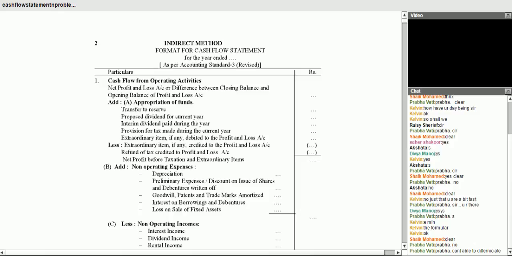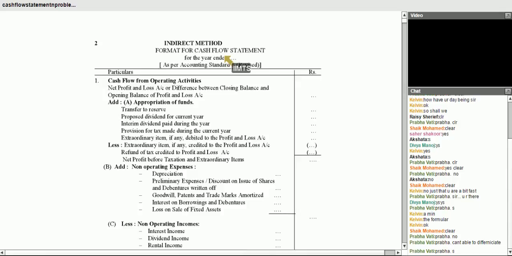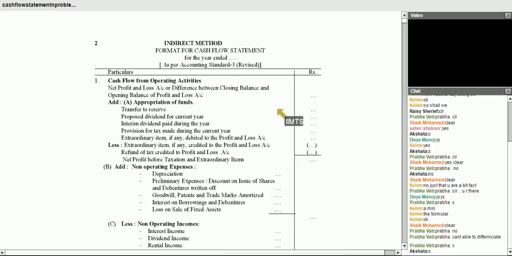Then it will be more clear to you. Can all of you see this indirect format for cash flow statement? Everyone, can you see? KP Ramakrishnan, can you see? Dijesh, Divya, are all of you following me?